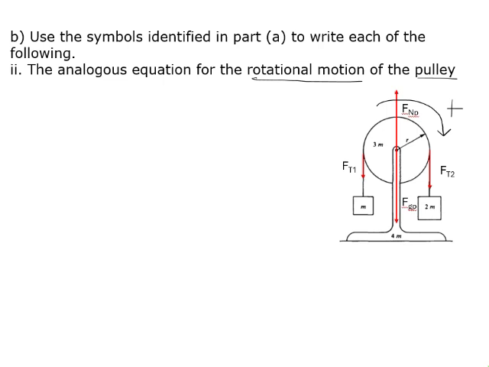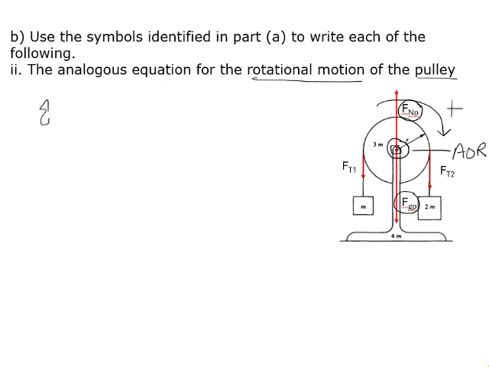We also know that the axis of rotation is about the center of the pulley, which then tells us that if we consider the force of gravity or the weight and the normal force, both of those are acting at the axis of rotation, which means that there's no radius, which means that there's no torque being applied by either one of those.